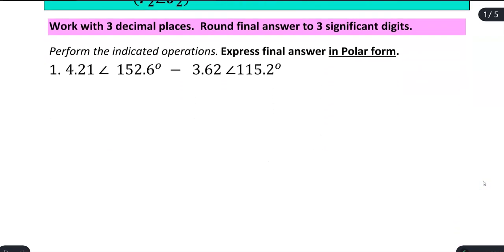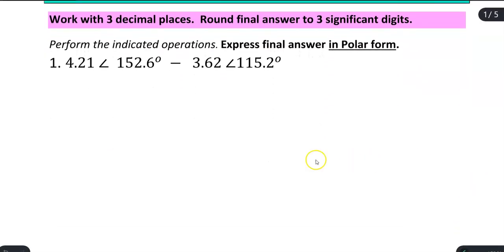For this particular question, it asks us to perform the indicated operations, express the final answer in polar form, and we work with 3 decimal places and round the final answer to 3 significant digits. So we are going to take a look at the operation in this case. The operation here is asking us to subtract these two complex numbers, but these two complex numbers are given to us in polar form.